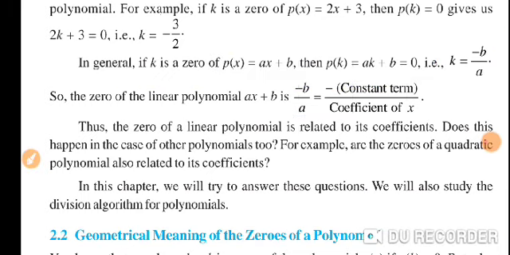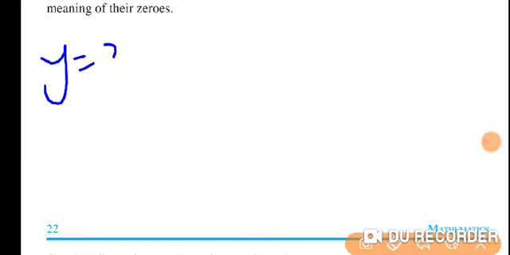Let me make it more clear to you by an example. Suppose you are given a question y is equal to 2x plus 3 and you are asked to find the value of the polynomial. For which value of x will this entire polynomial become 0?